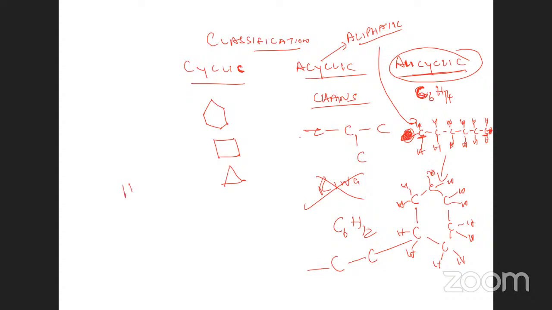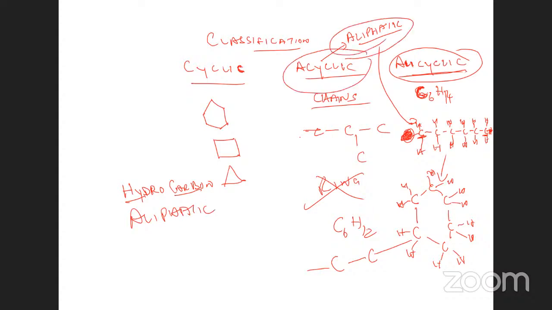So hydrocarbons, which have only hydrogen and carbon, we can categorize like aliphatic. This one is non-cyclic, acyclic, okay, and alicyclic.